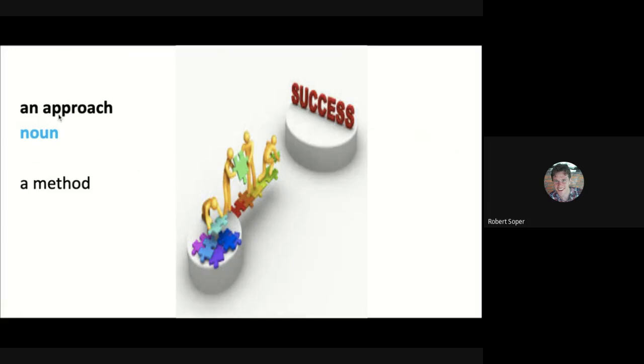But when we use approach as a noun, we mean a method, a way of doing things. So I might say something like, your approach towards studying is really good. What do you think a good approach to studying would be?